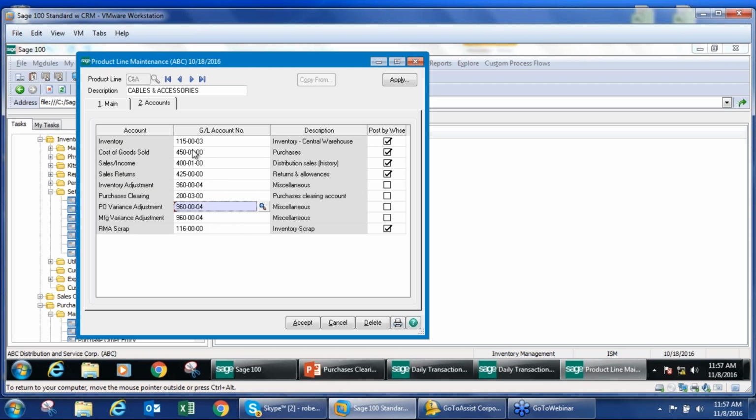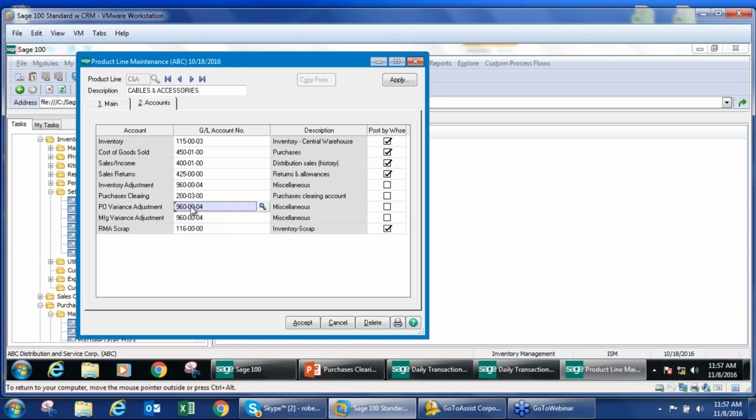And an issue I've also seen with some clients is they have this variance adjustment posting to the same inventory account for the product line. I would not recommend this.